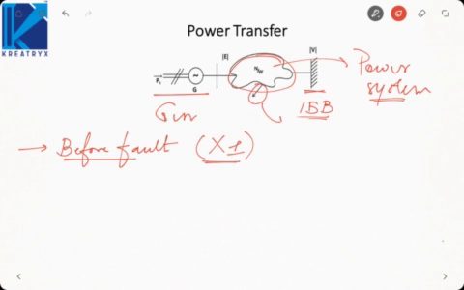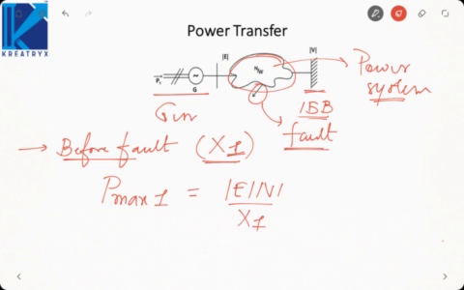And here we have shown that a fault occurs in the power system. Now before the fault, since transfer reactance is assumed to be X1, what will be Pmax1? 1 indicates before the fault. |E||V| by X1, and power will be Pmax1 sin delta.